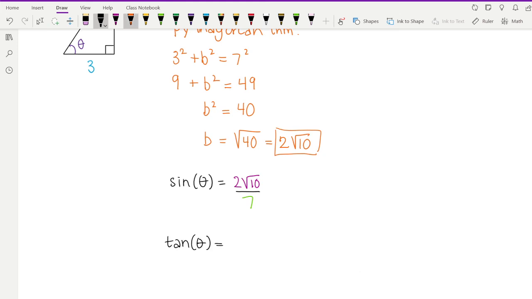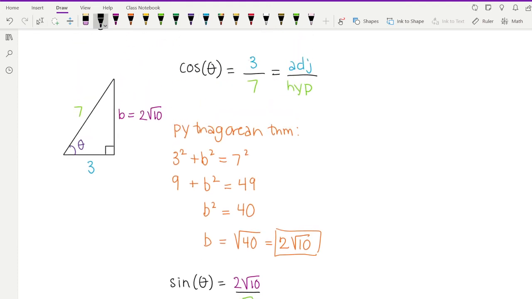And so that's going to be 2 root 10. That's our opposite side we found, divided by 3. That was the adjacent side that we were given. And then we can find our reciprocal trig functions as well. So secant is the reciprocal of cosine. And so secant is going to be equal to 7 over 3.